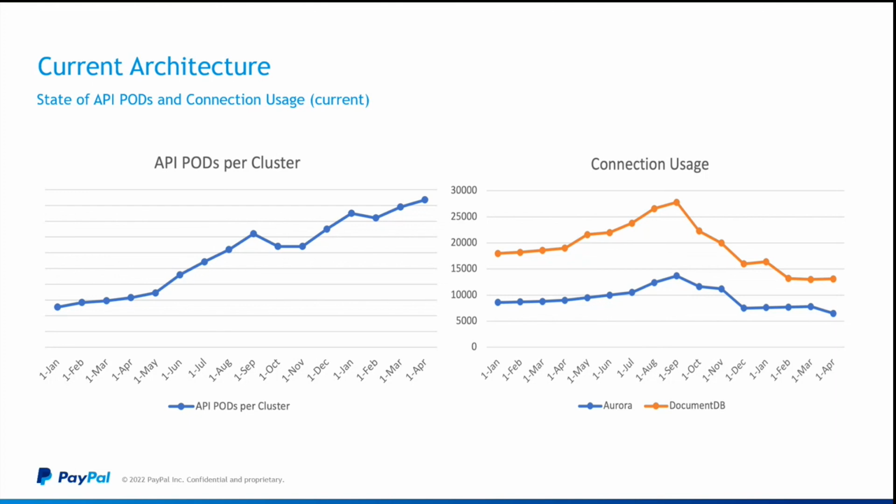That's due to two reasons: one is namespace separation, as well as organic growth in our application. As the number of pods was trending up, from December to today, the number of connections started trending down and pretty much stabilized in the March and April timeframe. That's when we almost rolled out Mongobetween and RDS Proxy in most of our workloads.